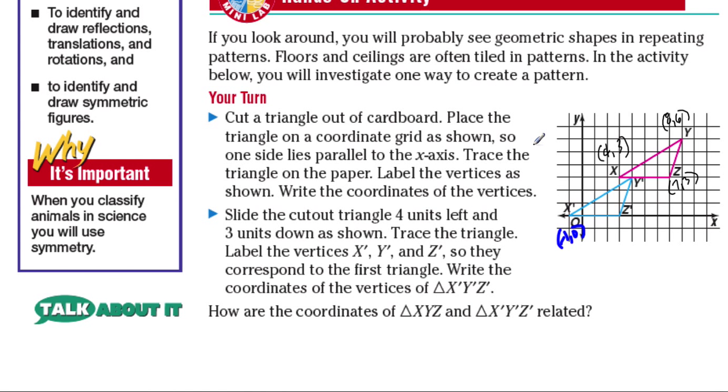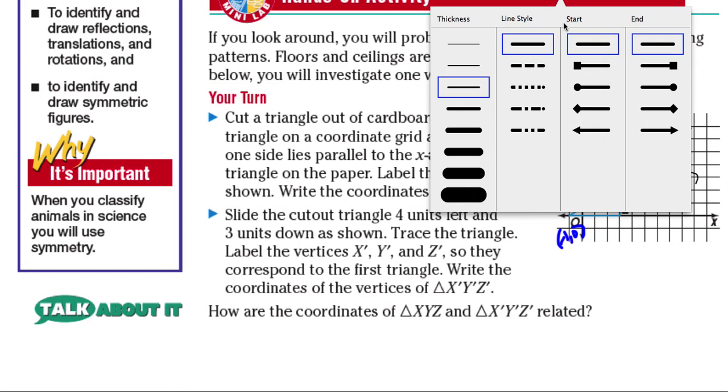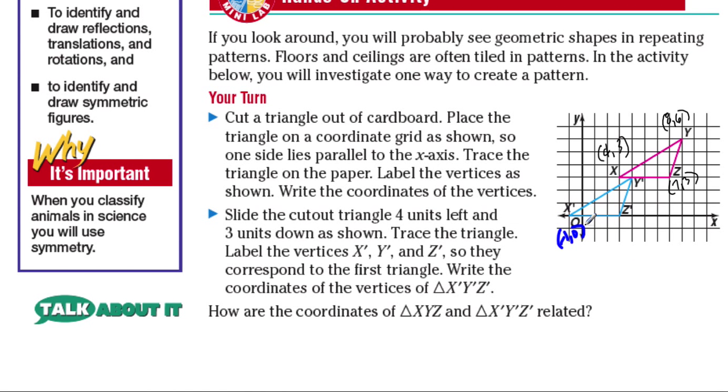Z prime is 3, 0. And y prime is 4, 3. So we just moved our pink triangle 4 units to the left and 3 units down from the original coordinates to our new coordinates.